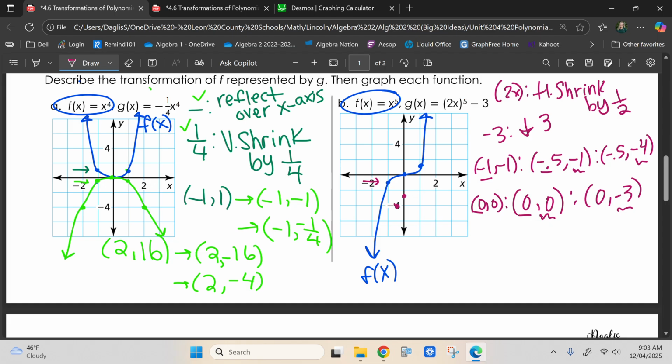All right, how about this lovely one over here? That was the point 1, 1. First thing I do is I cut my x in half. So what is 1 divided by 2? 0.5. My y did not change. X cut in half. Now I drop my y down 3. So my y of 1, if I drop it 3, where does it go? -2.